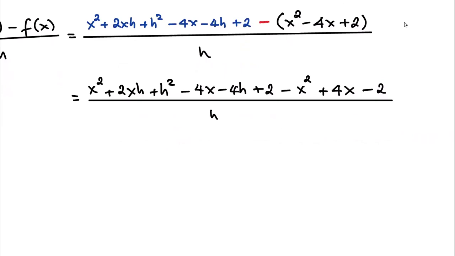All right, let's see what I can simplify from here. So I can simplify the x squared. The 4x and the 2, these terms are gone already. What's left right now for me to collect will be the 2xh, the h squared, negative 4h. That's it.